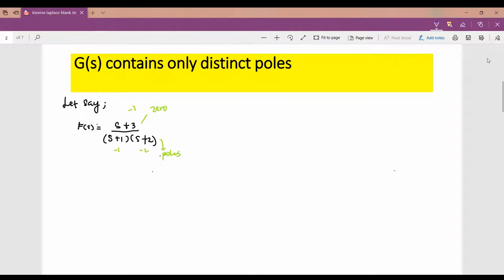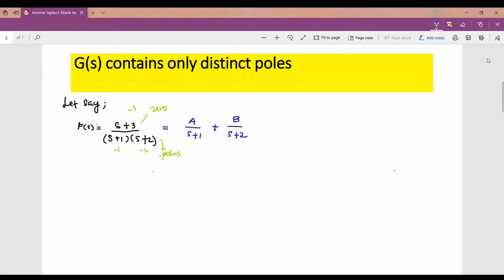In this case, I can write F(s) is equal to A, which is unknown, divided by s plus 1, plus B divided by s plus 2. So you need to find the values of A and B first.